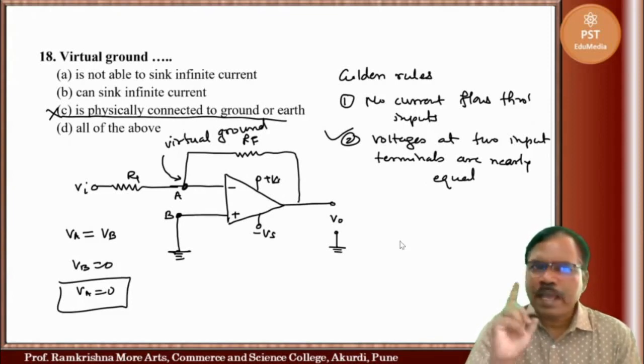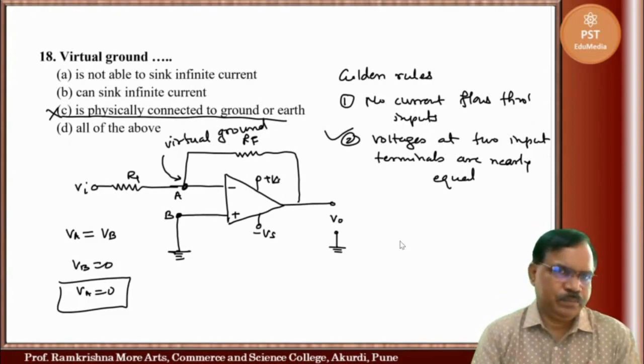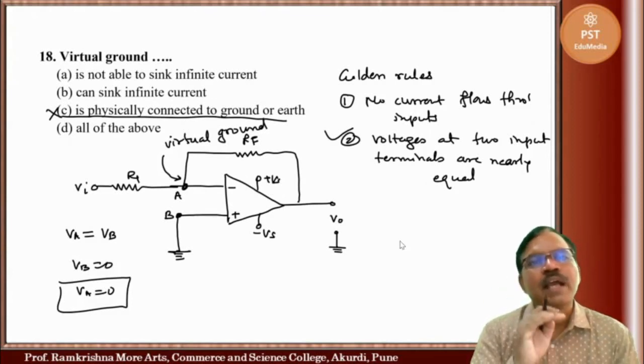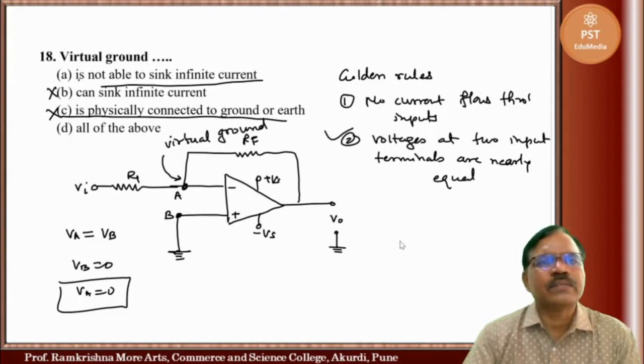Now see here, actual ground can sink infinite current, meaning infinite current can flow towards the actual ground. Virtual ground is not able to sink infinite current.